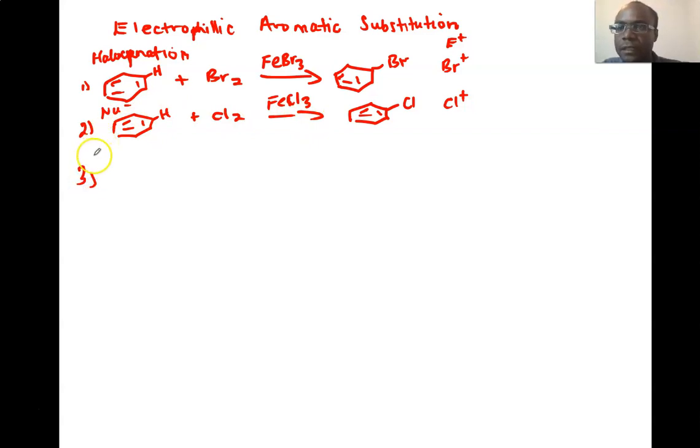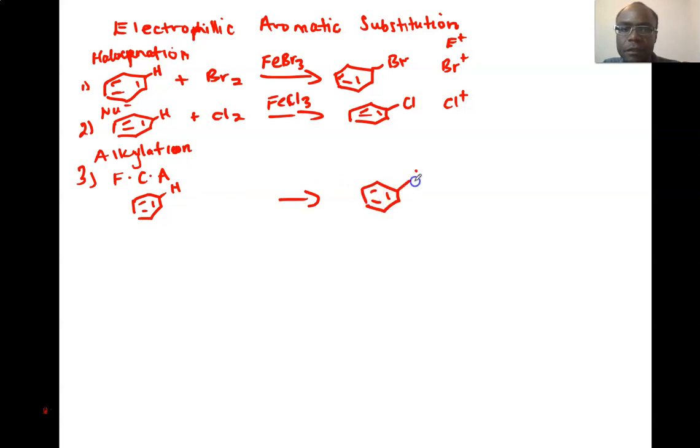Now apart from that, we talked about alkylation. For alkylation, there were two reactions, the first being Friedel-Crafts alkylation. You can look at it in your notes. One of the hydrogens is substituted by an alkyl group, an R group.